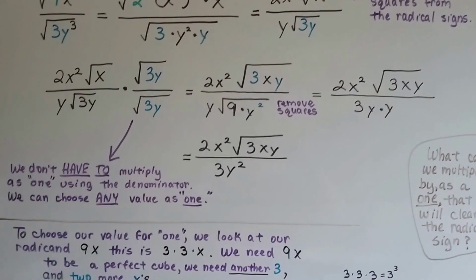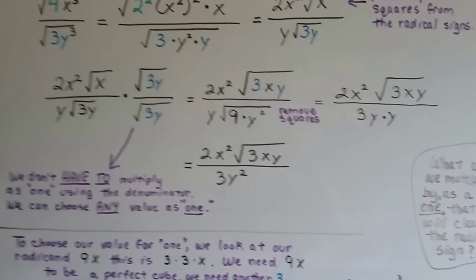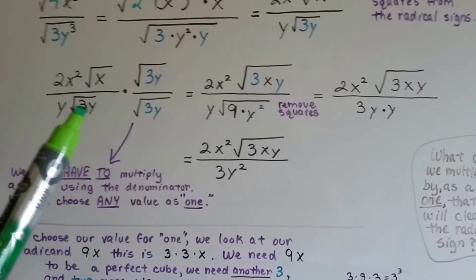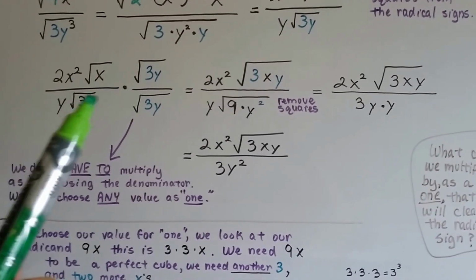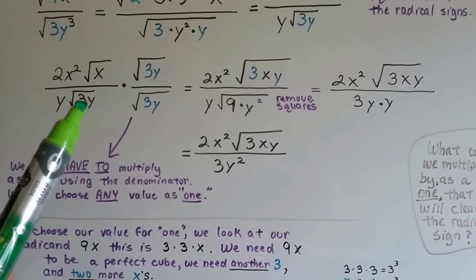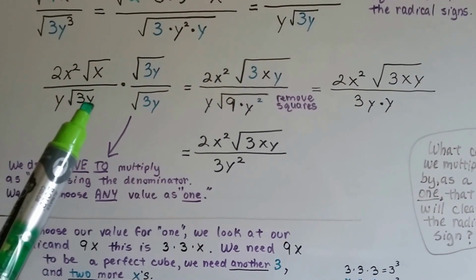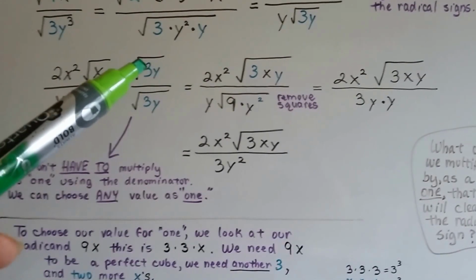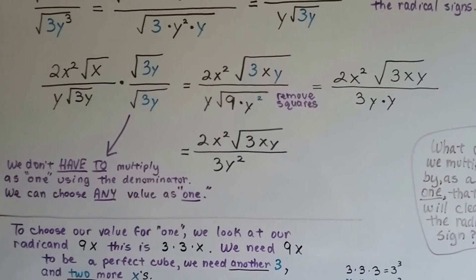We can choose any value as 1, whatever is going to make a perfect square. And what would make a perfect square here to get rid of this radical sign would be another 3y, wouldn't it? We need a 3 times 3 and a y times y to have that square, right? So we're only going to multiply by 3y for the numerator and denominator.